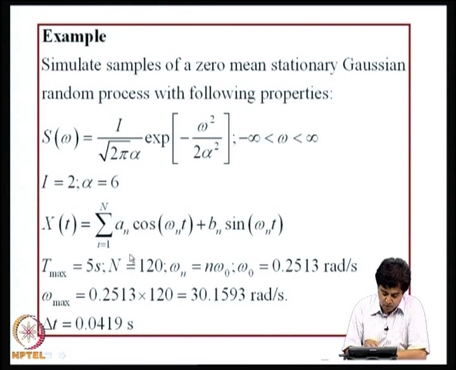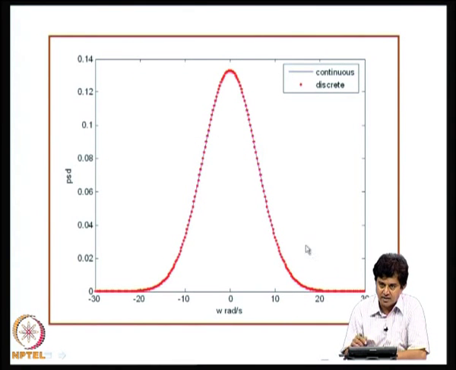So, I simulate 240 Gaussian random variables with their mean being 0 and variance obtained from the target power spectral density function. You have to find area under those small intervals and you have to assign them as variances to each one of those 240 random variables.